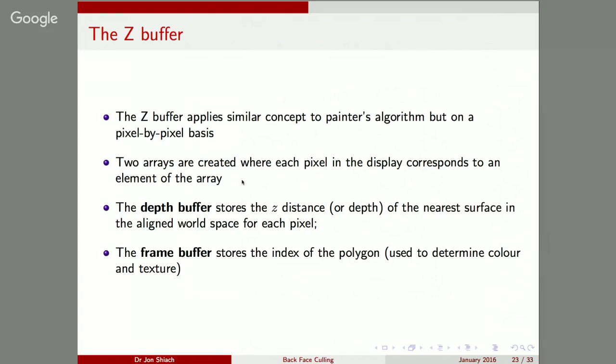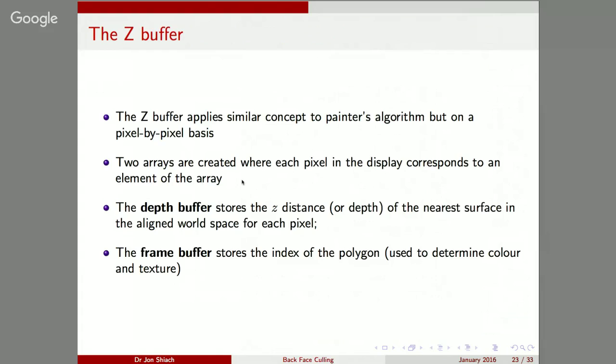Each element in that matrix stores the Z distance, how far into the distance the nearest surface in the aligned world space is for that pixel. Imagine you're shooting a ray into your world. What's the first surface that ray would hit? That would be the distance for the Z buffer.